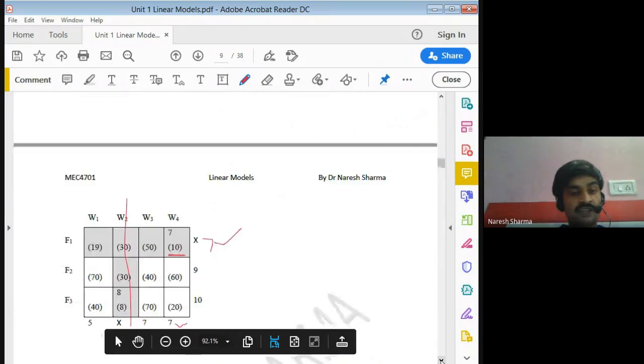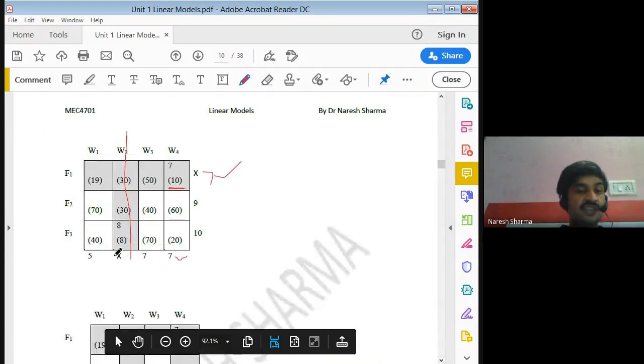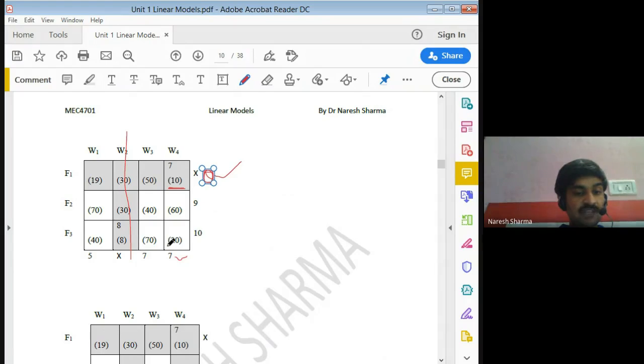So now coming to the next, we are left with this table, right? This we already fulfilled the requirement. Now in the remaining table, you choose the minimum value, which is 20. So we check here, 7 is the requirement, 10 is the availability, we require here 7. So this becomes 0, this becomes 3. So we cross this also.